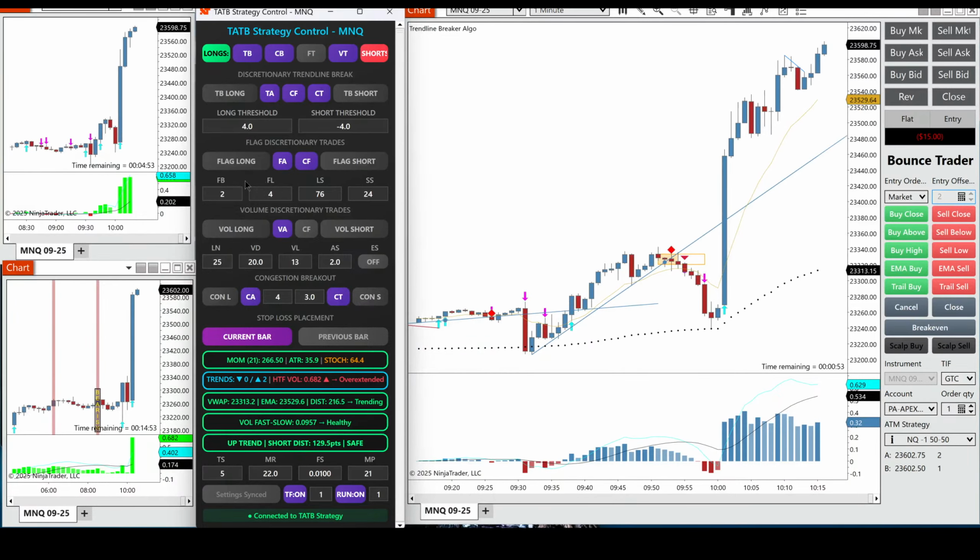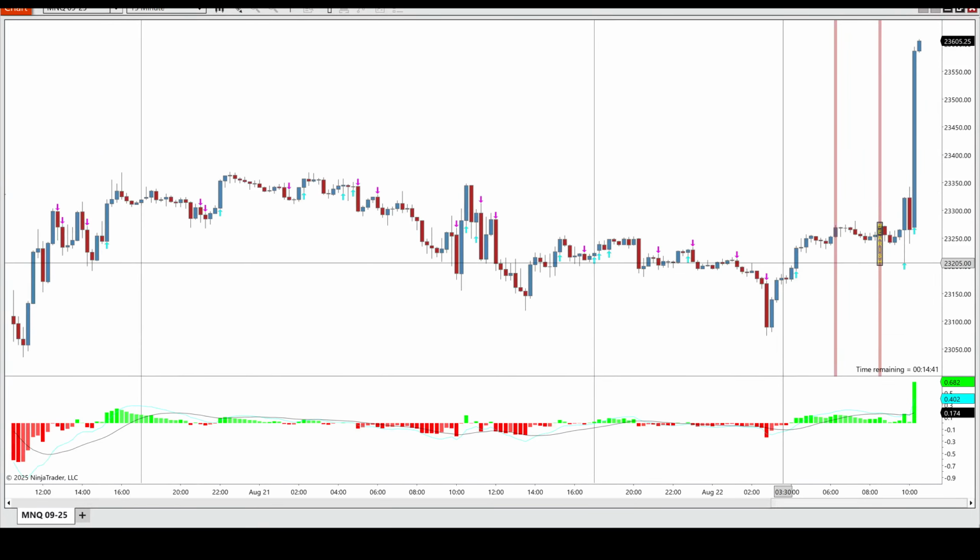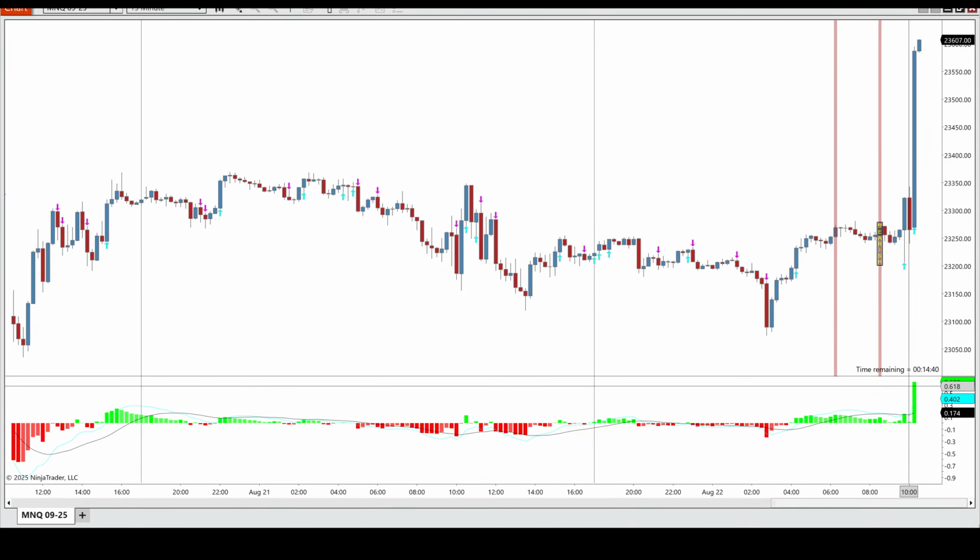Yeah, see this higher time frame value, it's overextended. And if you look here, see this is 0.6.